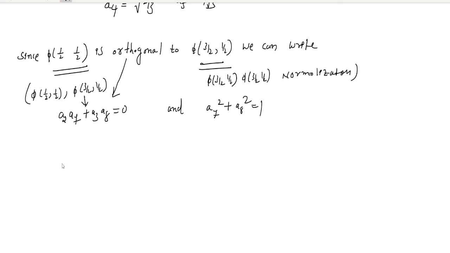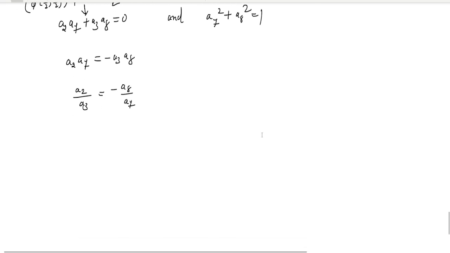Okay, then from this a2 a7 equal to minus a3 a8. So a2 divided by a3 equal to minus a8 divided by a7, because I know a2 a3 values. I'm going to try to put a2 and a3 value here. Root 3 into root 3 divided by 2, right?